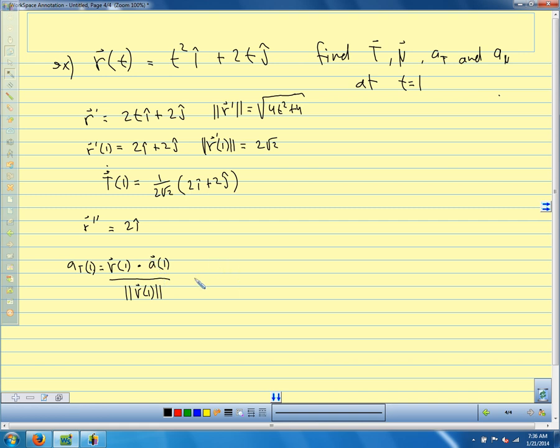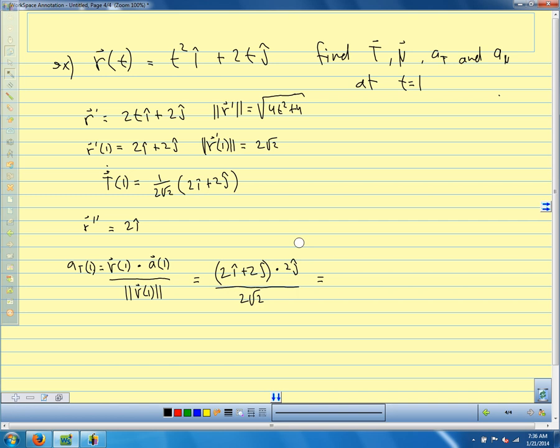So this is going to be 2i plus 2j. We're going to form the dot product with 2i, and we're going to divide that by the magnitude of v, which is 2 square root 2.